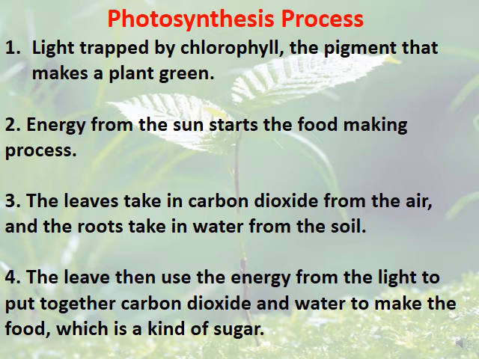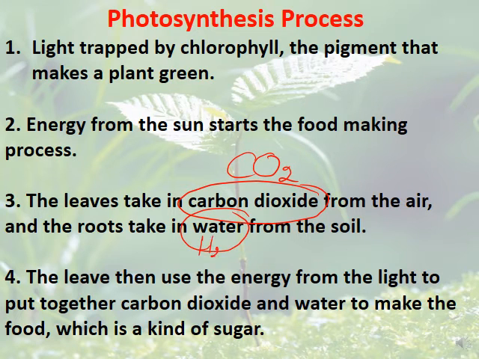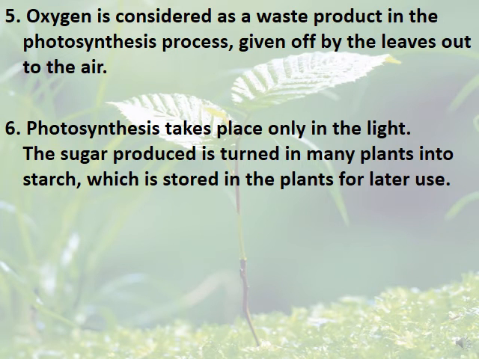So we have carbon dioxide and water, CO2 and H2O, the reactants in this reaction. The leaf then uses the energy from the light to put together carbon dioxide and water, in the presence of sunlight, the energy, to make the food, which is a kind of sugar.